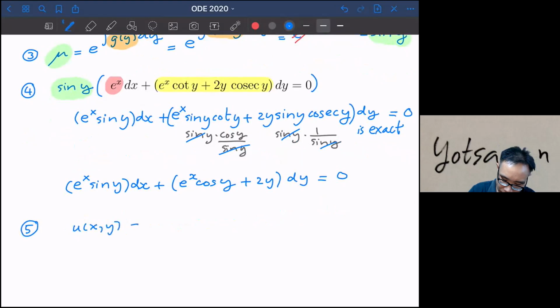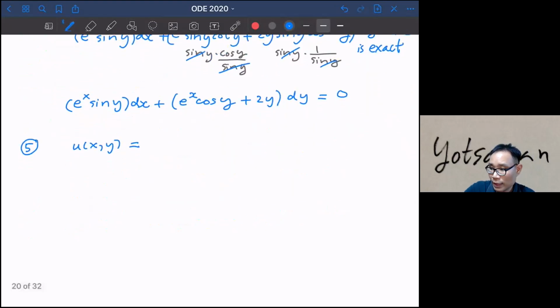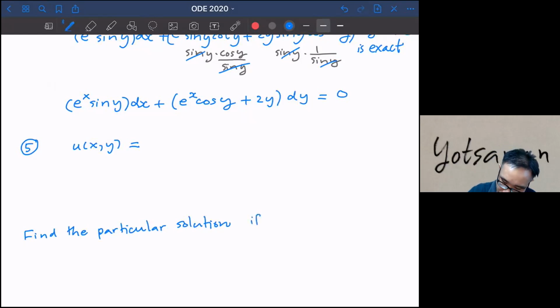So find u(x,y) equal to, please do this one, and I will ask you to find the particular solution. When you have this one, find the particular solution. Let's think about this one a little bit.